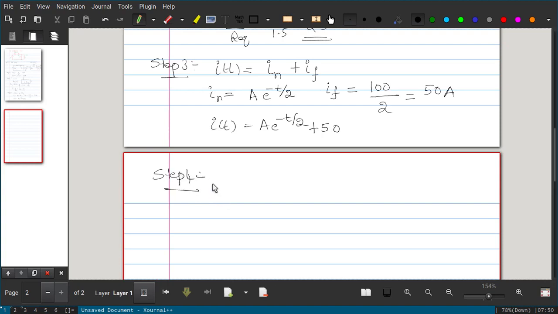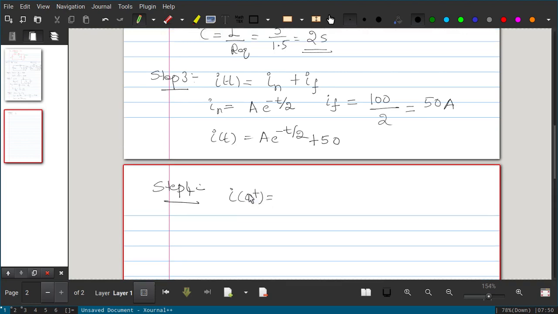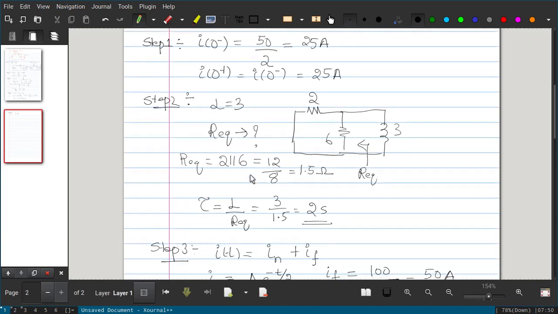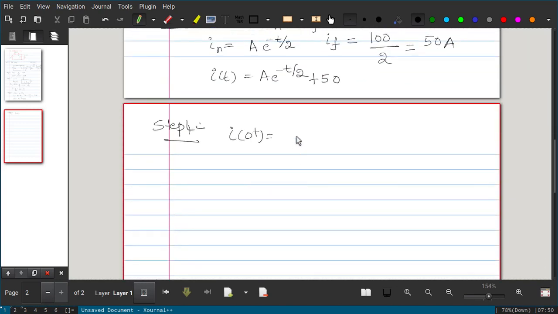Step 4 is we have to find A. For that we can use this condition. I of 0 plus we had already calculated. What is that I of 0 plus? In the first step we calculated it as 25. So we will use that one. I of 0 plus is equal to 25.